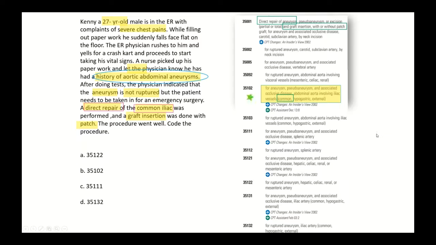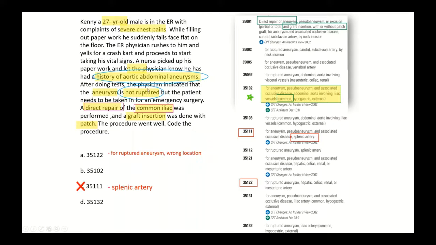So let's just go over the rest fast. 35111. This is for aneurysm, but this is the wrong location. This is for splenic artery. So we eliminated that. 35122. This is coding for hepatic, celiac, renal, but this is for ruptured aneurysm.